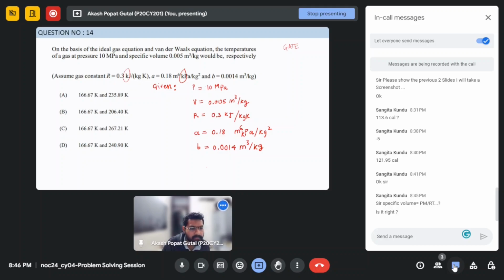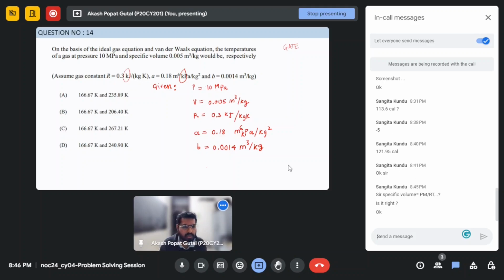You can directly put it in because everything is per kg. You can directly put it.